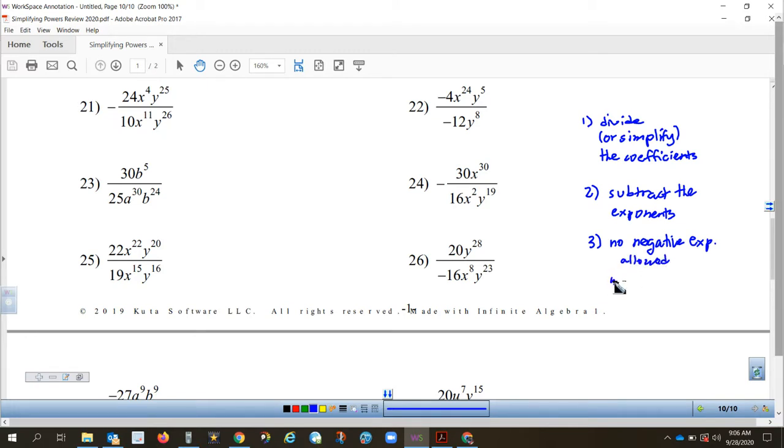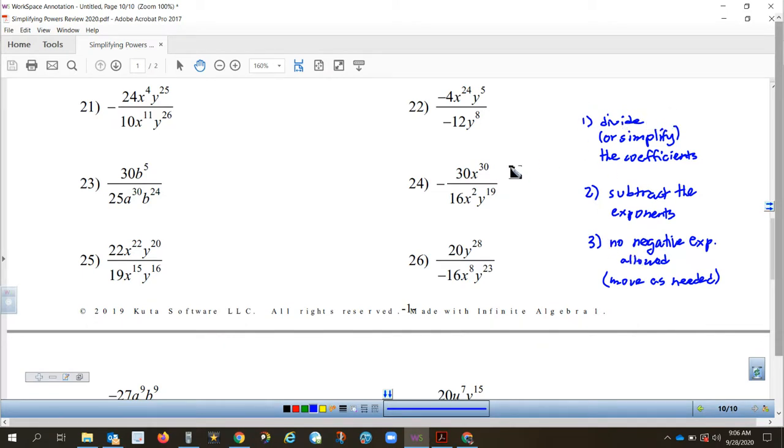We have to move as needed. Okay, move as needed. So remember, a negative exponent on the bottom becomes a positive exponent on the top, and a negative exponent on the top becomes a positive exponent on the bottom. I'm going to show you a little trick that makes it so you don't have to move it at the end. You get an answer and move it.